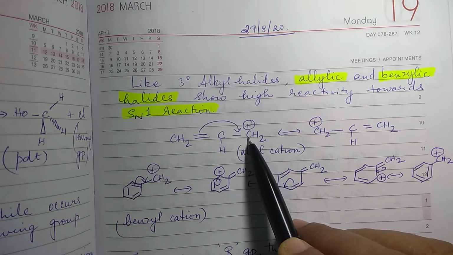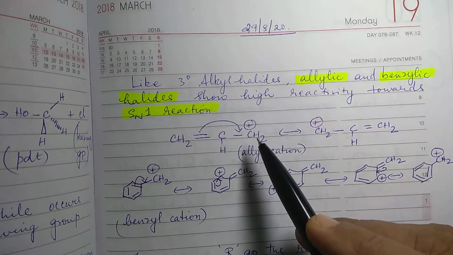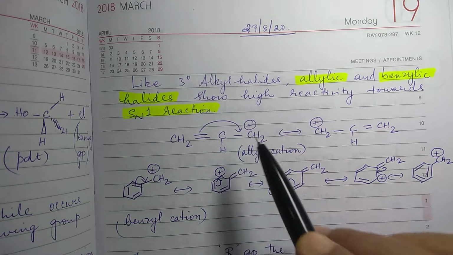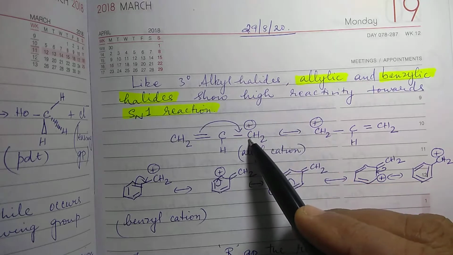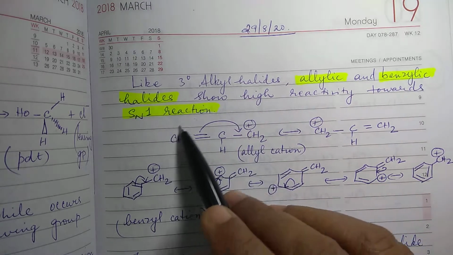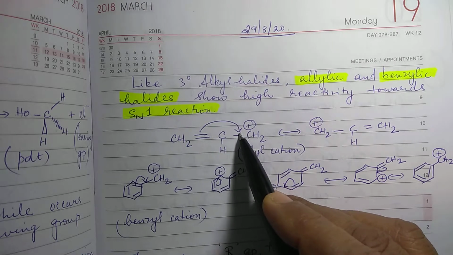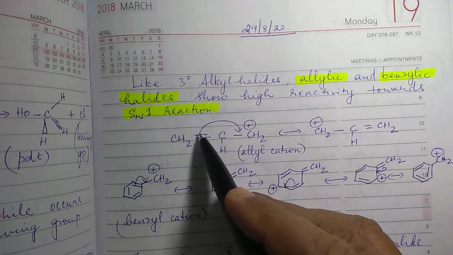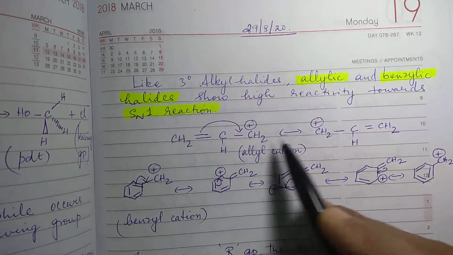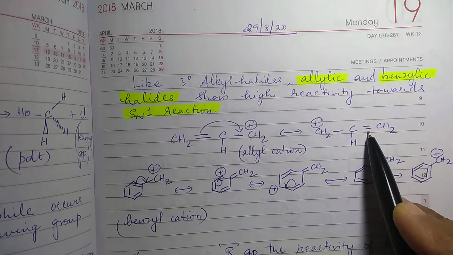This carbon which has a positive charge was holding Cl. In allylic halide, the carbon holding halogen is sp3 hybridized. So after the loss of Cl, this will be CH2 positive. Now this is undergoing resonance. This bond is shifting over to this position so that it can neutralize the positive charge. When this shifts, this carbon will get a positive charge, and the double bond shifts to this position.